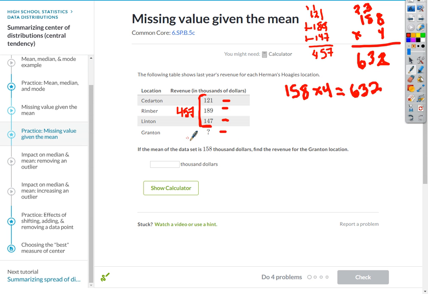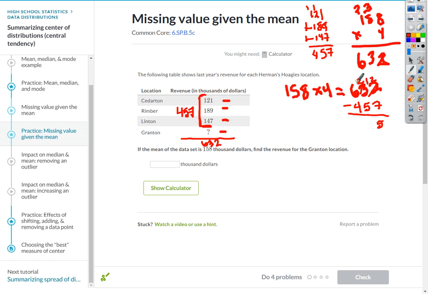So now, to find out what this missing number is, this piece right here is 457. We know the total is supposed to be 632. So the missing number for Granton is just going to be the difference between 632 and 457. So 632 minus 457 gives you, this has to become a 12, so this becomes a 2. 12 minus 7 is 5.